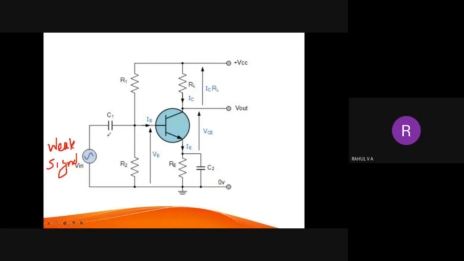This C1 capacitor is called the coupling capacitor. You should remember the name.